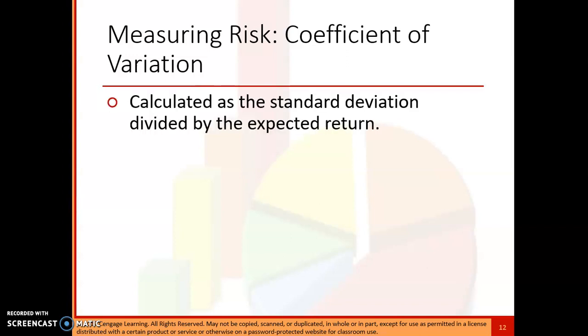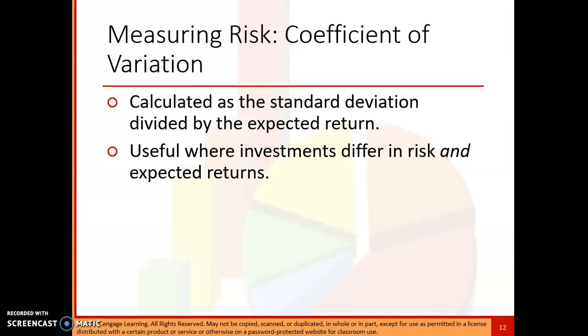Coefficient of variation. The coefficient of variation is the standard deviation divided by the expected return. It's useful for evaluating investments where the risk and expected returns are different. If two investments have the same expected return and one has a lower standard deviation, that investment would dominate the other.